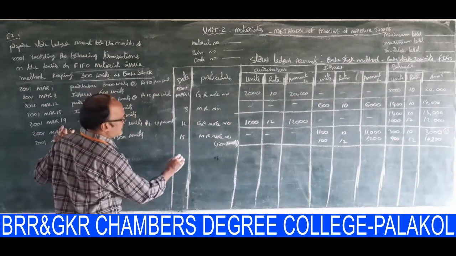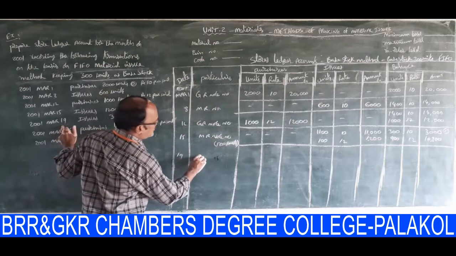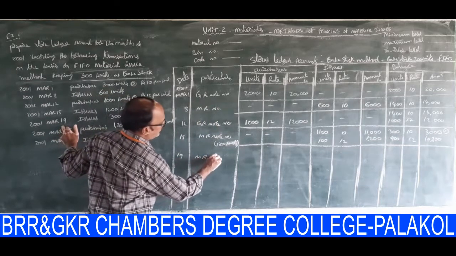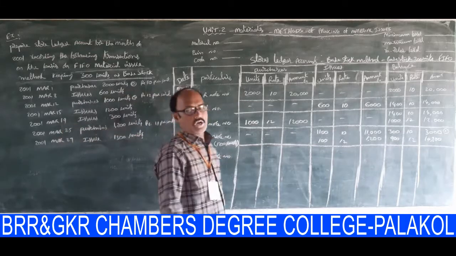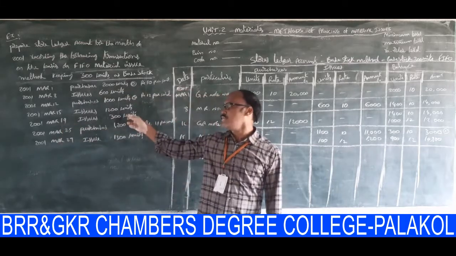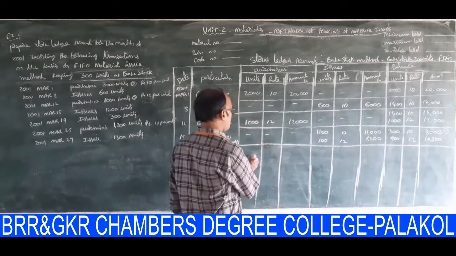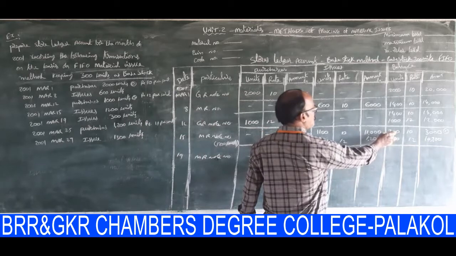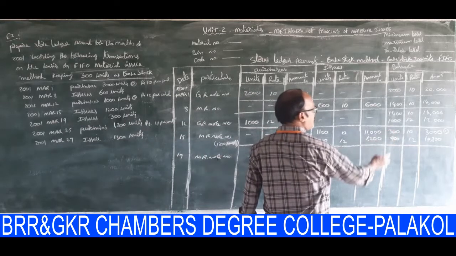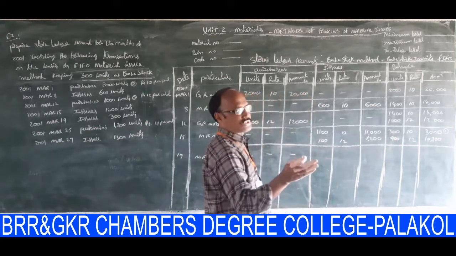March 19th, MR note number. How many units wanted to issue? 300 units. So the 300 units are issued from this only, because the base stock is never issued. It is kept in the stores.